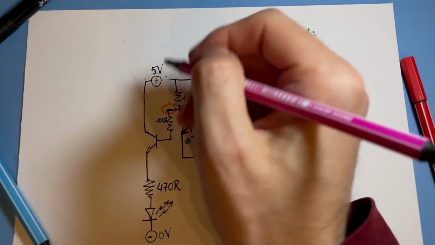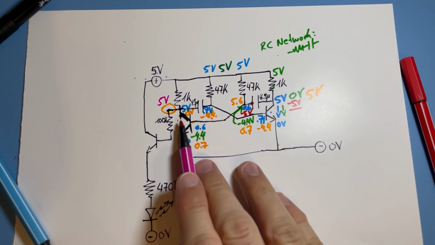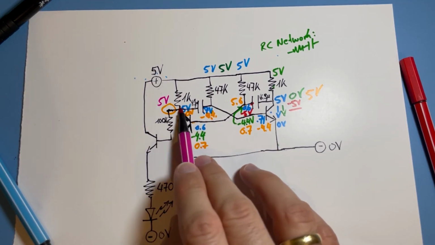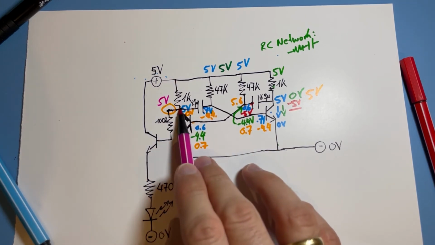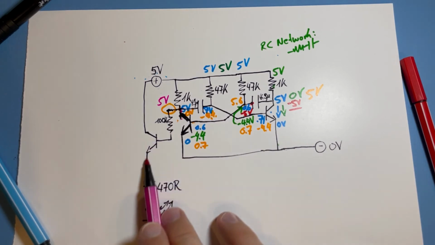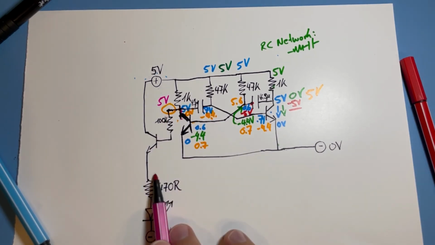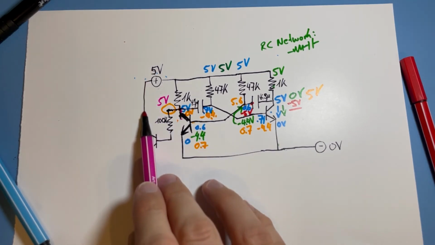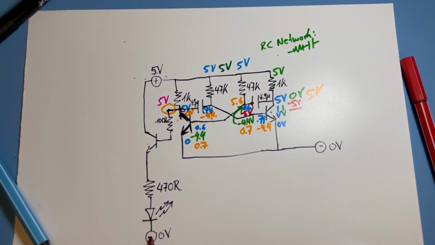One time you have 5 volts here, because if that transistor is non-conducting, the 5 volts stop here. And if you have 5 volts here, then there is current flowing through the base. If current is flowing through the base, then this transistor is conducting, and we have the LED lighting here.